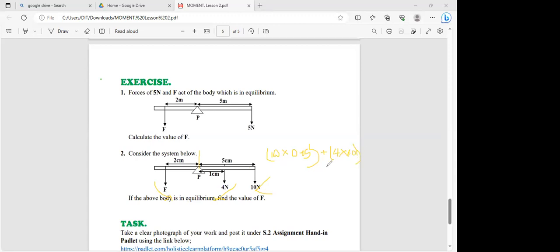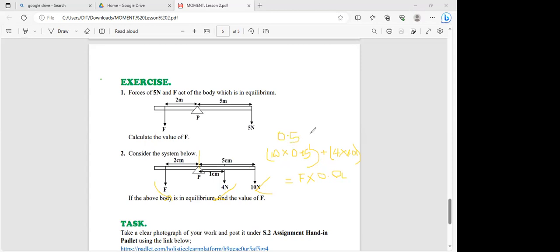And then this one is equal to F times the 0.02. So Julia, if you calculate well, you will have this one here as 0.5.